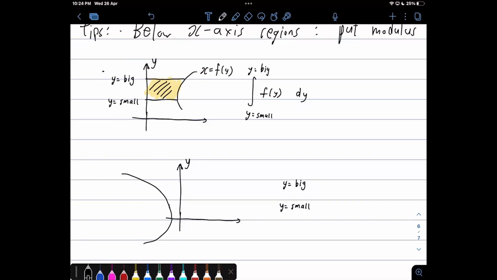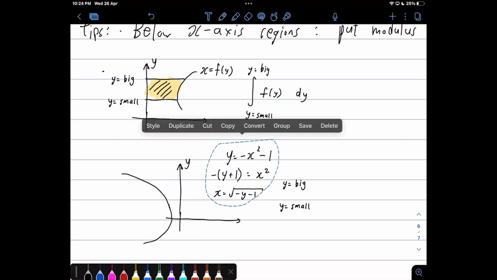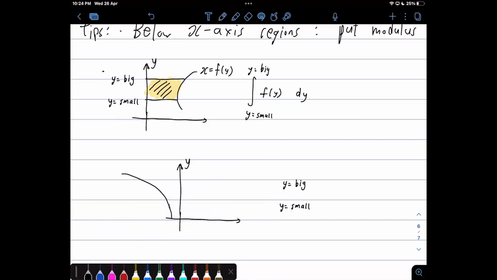So this would be negative x squared minus 1. If I solve for x, I will get y plus 1 multiplied by a negative, take a square root. So x equals square root of minus y minus 1. Whoa, that is rather confusing. Never mind. I'll just give it to you in general, but you are unlikely to encounter this situation.